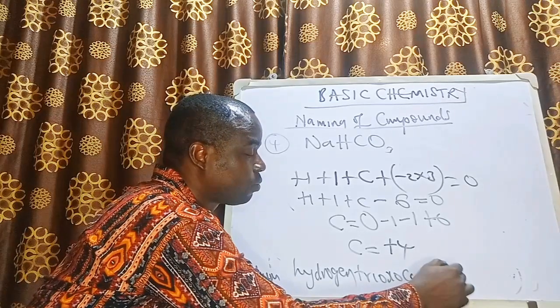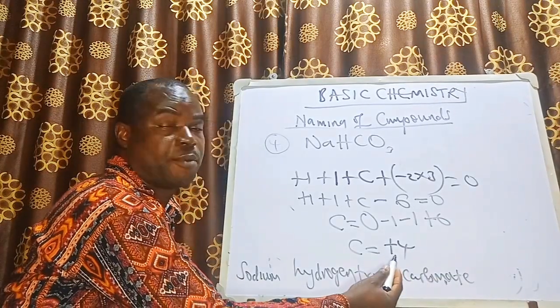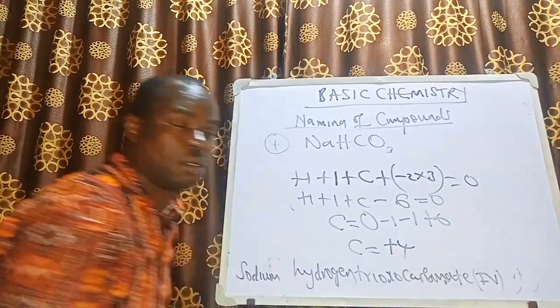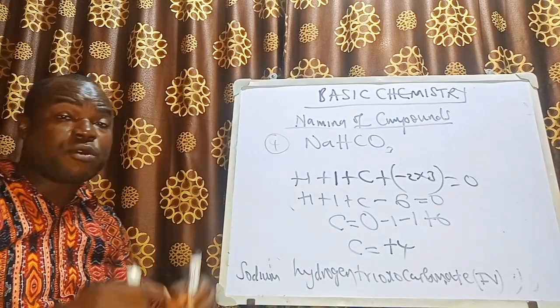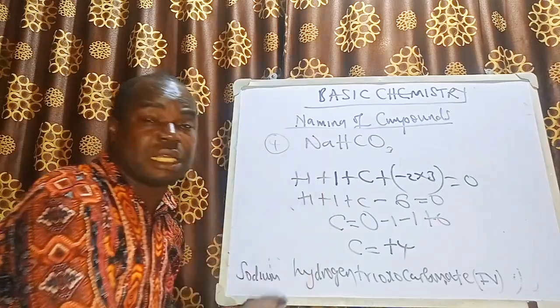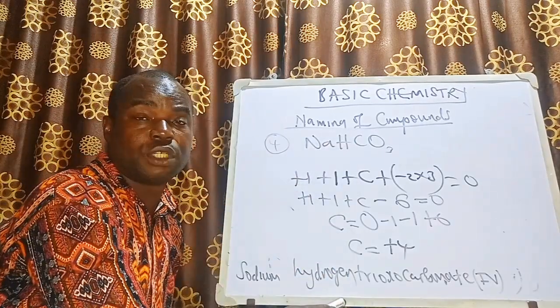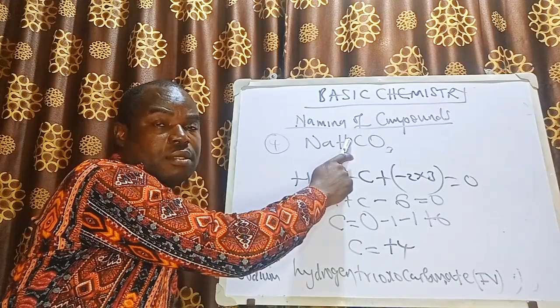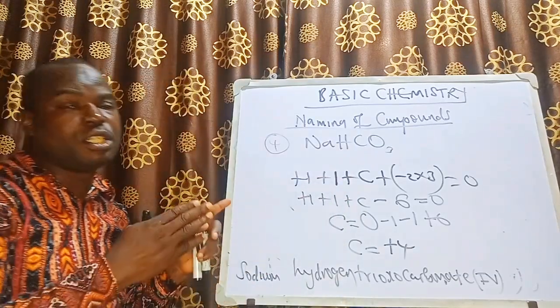Then you now bring down the 4. Have you seen it? So anywhere you have hydrogen, what do you do? You bring down the first element, hydrogen will follow. Then you now have trioxocarbonate. Okay? So be very careful when you are naming this one.